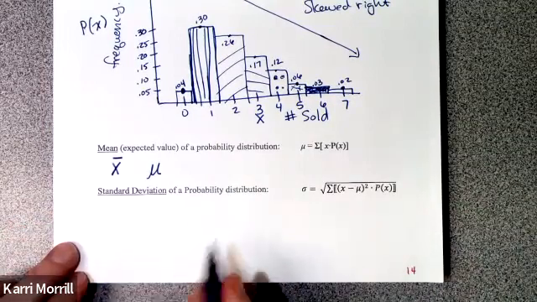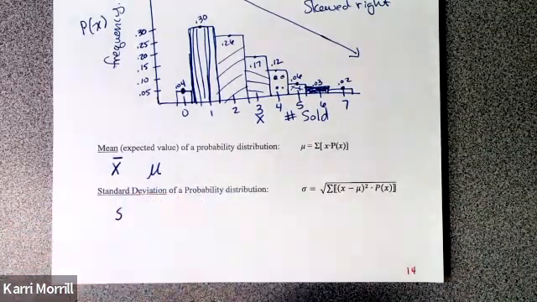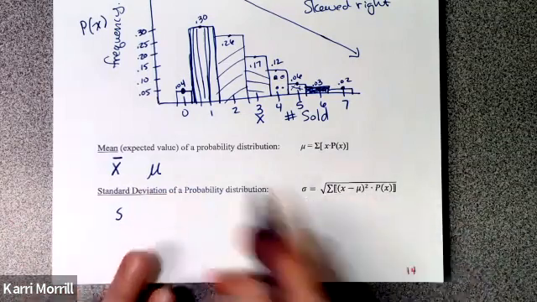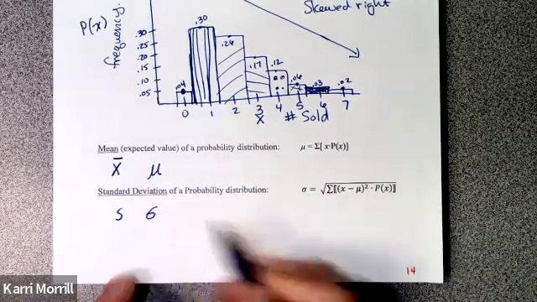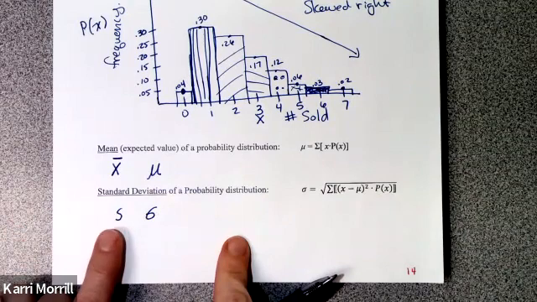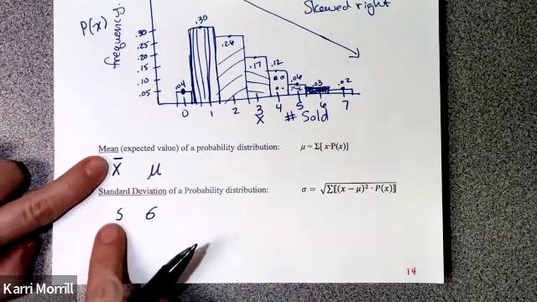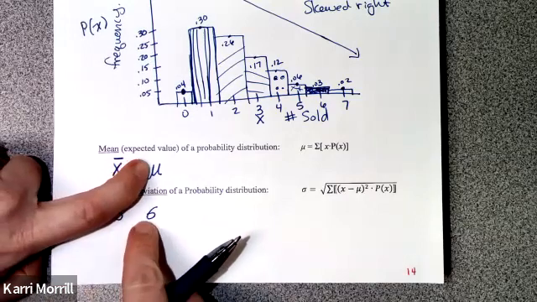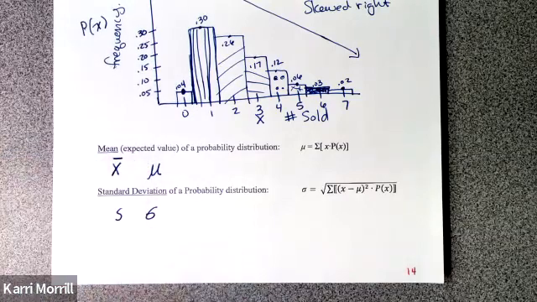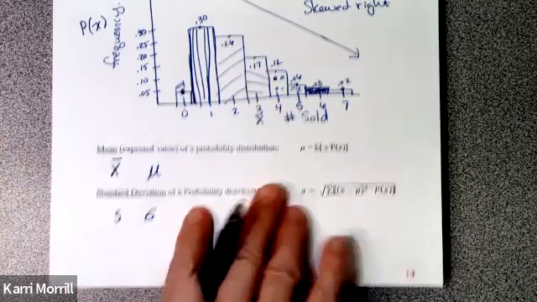Standard deviation might just be the letter S, but then the sigma means of the whole population. So when it's the S variable, it deals with the sample, the standard deviation of the sample. This is of the population. So just make sure you remember those two things. If you do, you'll be good for the entire semester between those two values.